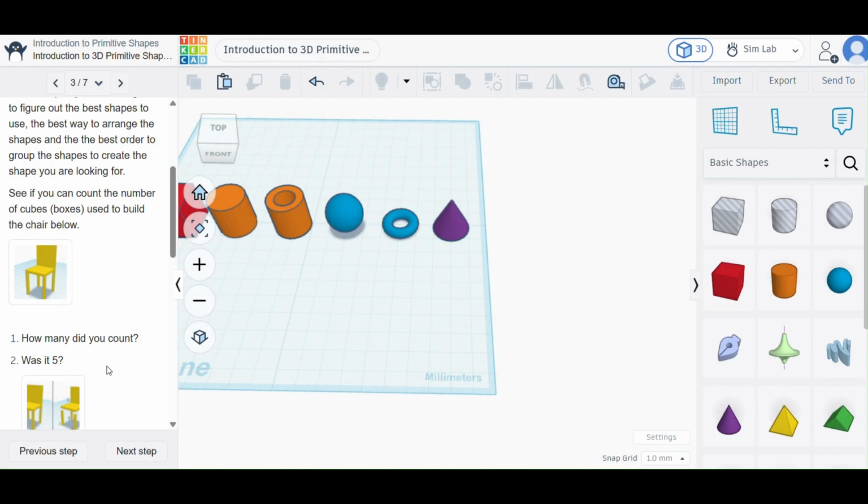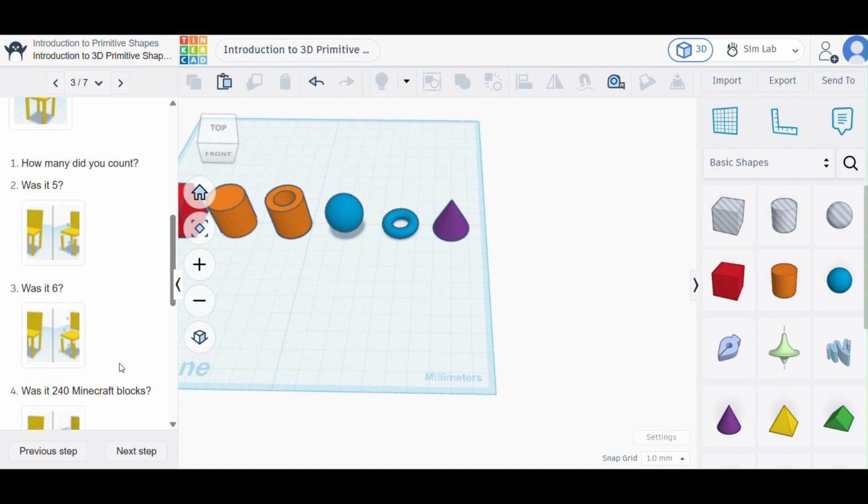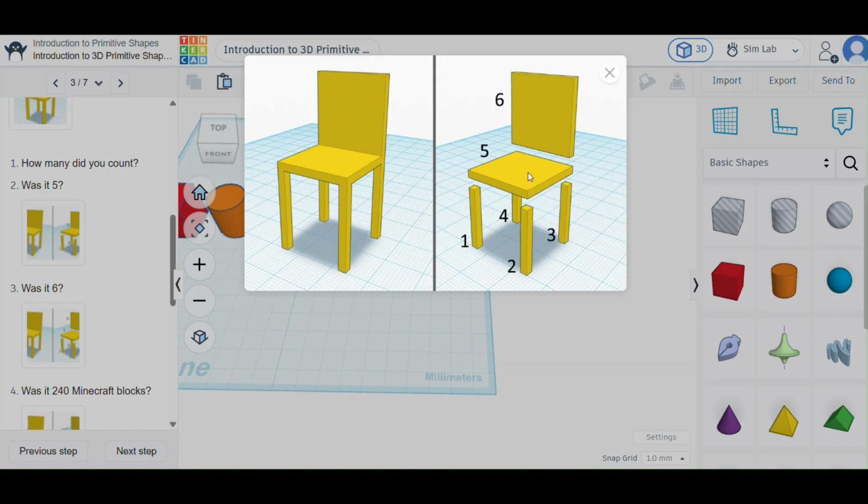So there might be a couple of solutions. Was it 5? 1, 2, 3, 4, 5, because this box is like a big box with a big chunk cut out of it, and you can see they're connected right here. So that works. But also, was it 6? And you separate that one and that one? That's a possibility too.